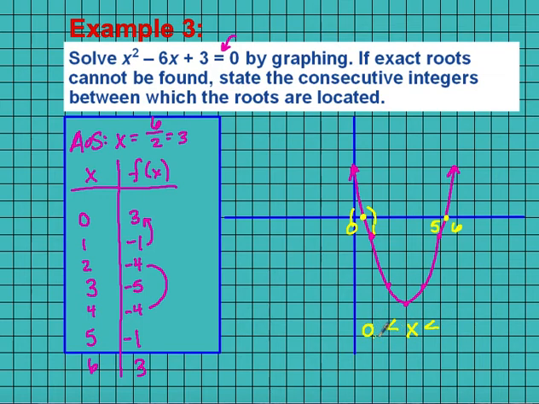The first one's going to be a value somewhere greater than 0, but less than 1. Notice I list these least to greatest. And the second one has to be greater than 5, but less than 6. Again, I list these least to greatest, putting those into our set notation. So x is going to be a value somewhere between 0 and 1, and somewhere between 5 and 6.